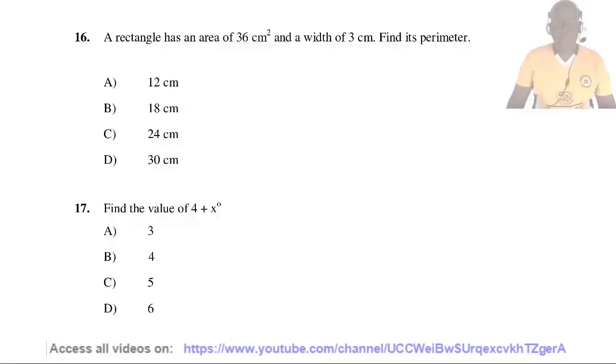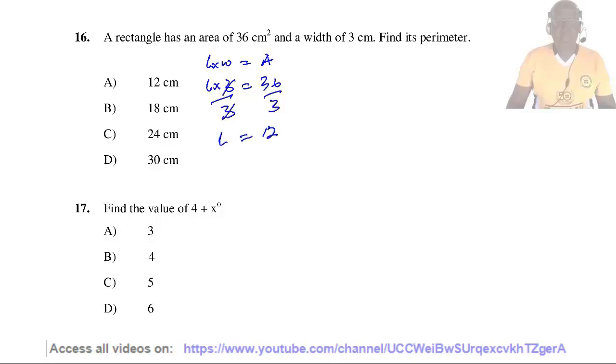Question 16. A rectangle has an area of 36 centimeters squared and a width of 3 centimeters. Find its perimeter. The length times the width will give us the area. The length is unknown for now, and the width is 3, and the area is 36. So dividing through by 3, we shall get L to be equal to 12.